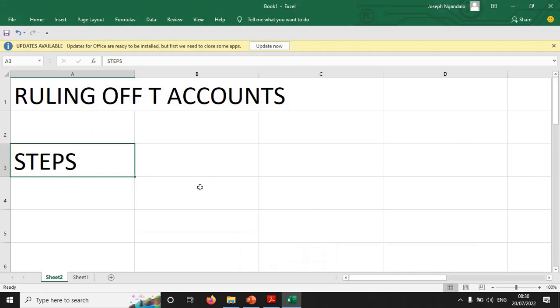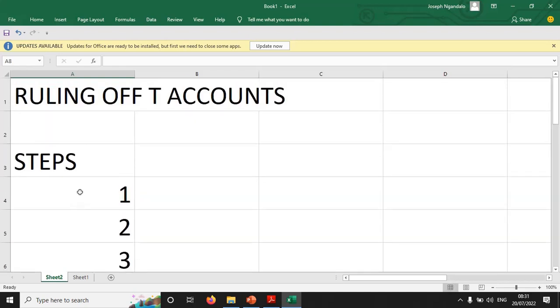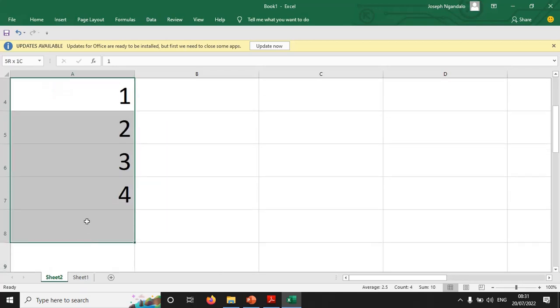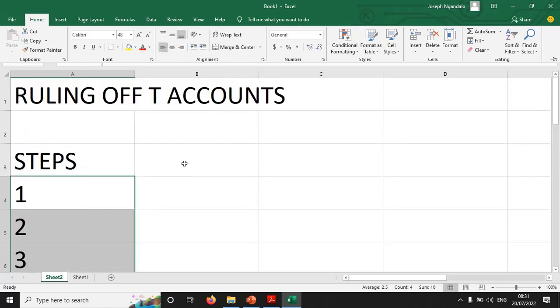Let's start from ruling off or closing off accounts. The steps are as follows. I think they're just about 5 or so. Closing off or ruling off accounts, that's what we're dealing with.